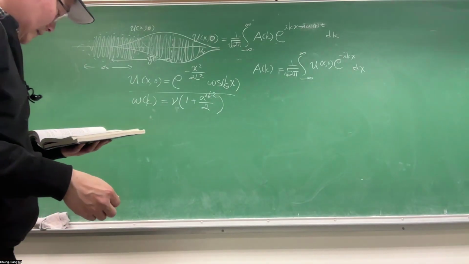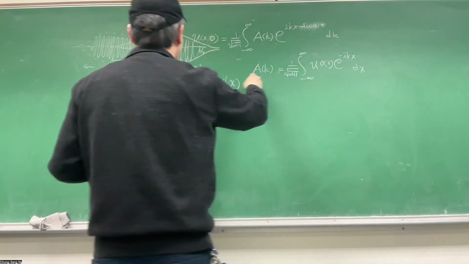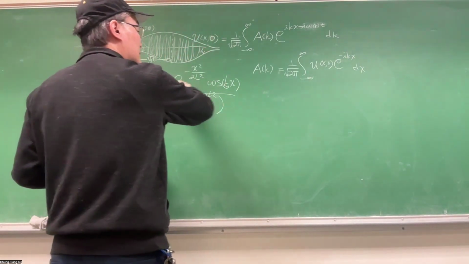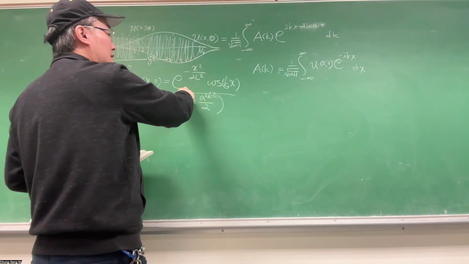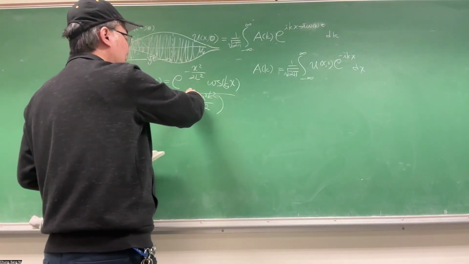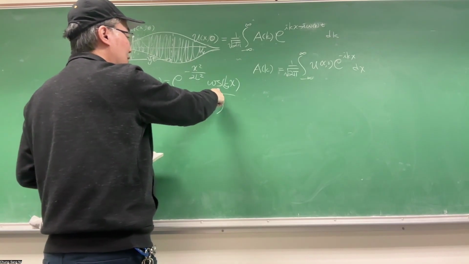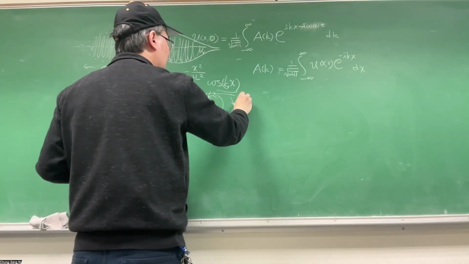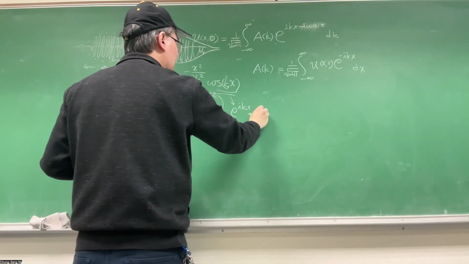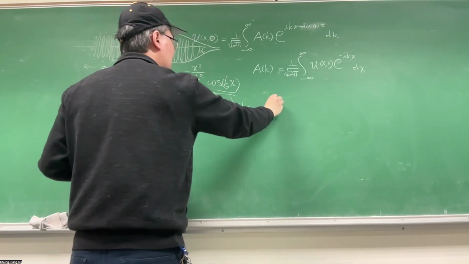All right, and now that is not difficult to integrate. You put this to here. Like I said, you have a Gaussian, and the Fourier transform of a Gaussian is a Gaussian. You have the complication that there's a cosine term. You can write cosine as e to the i k0 x plus e to the minus i k0 x, divided by 2.